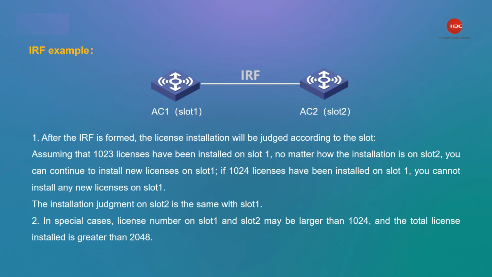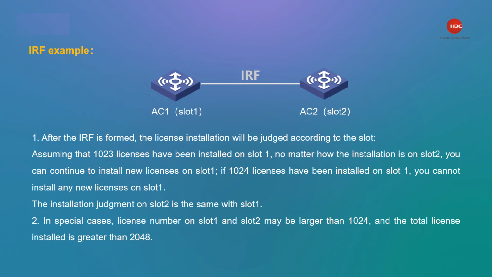And in the IRF scenario, after the IRF is formed, the license installation will be judged according to the slot. Assuming that 1023 licenses have been installed on slot 1, no matter how the installation on slot 2 is, you can still install a new license on slot 1.